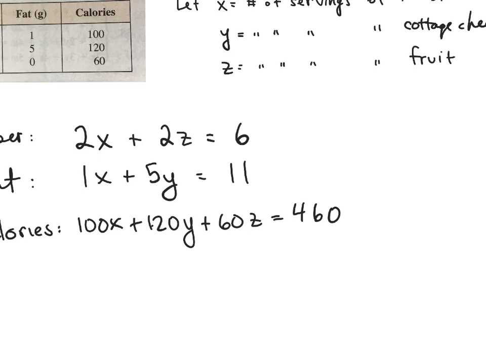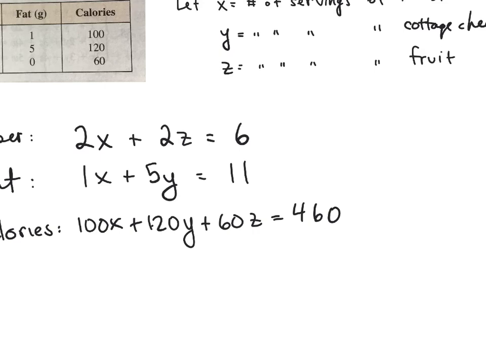One thing we could do, for example, and this is only one of a dozen ways that this system could be solved, but equation 2, for example, already has z missing. Z has been, if you will, eliminated from equation 2, and it only has x and y.